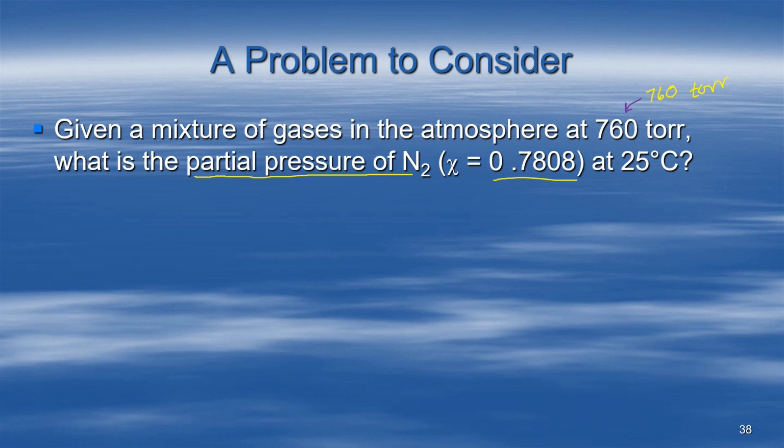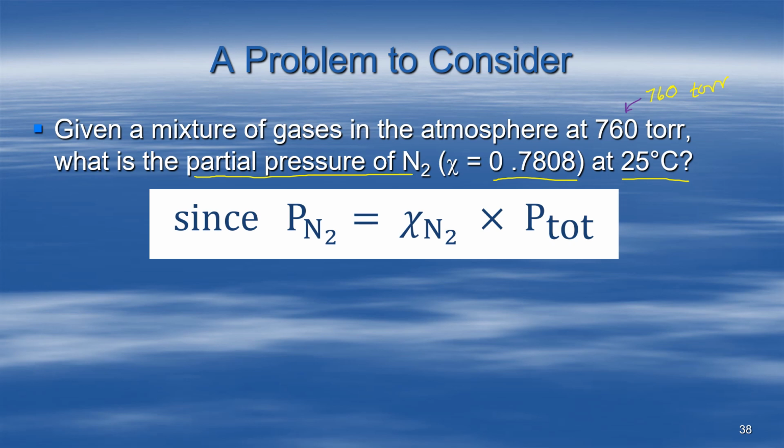If they're able to measure it and say this is the mole fraction, what is the pressure just due to nitrogen? The temperature doesn't matter much, though the mole fraction may change at different temperatures. In this case, they're just telling us this is the mole fraction at this temperature, so what's the partial pressure at that temperature? It's not critical because we won't find an equation with temperature.